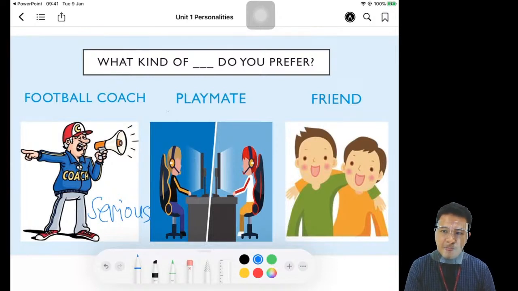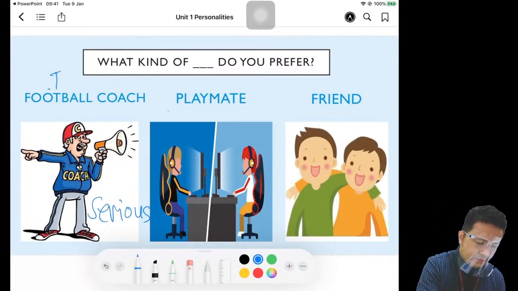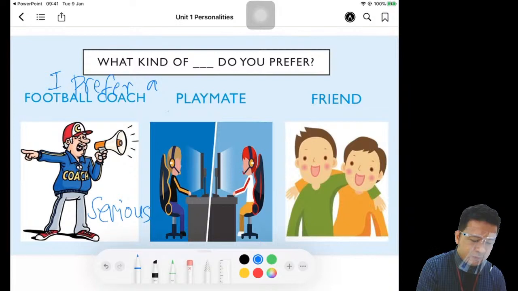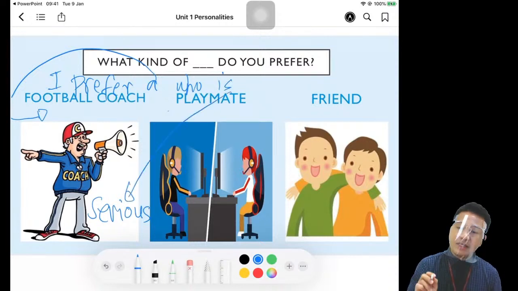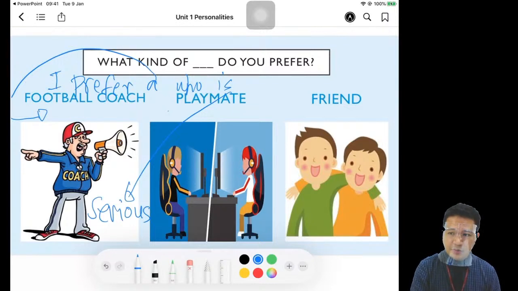You can say, I prefer a football coach who is, for example, serious. One more time, what kind of football coach do you prefer? You can answer by saying, I prefer a football coach who is serious.